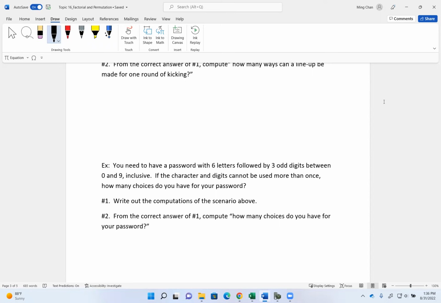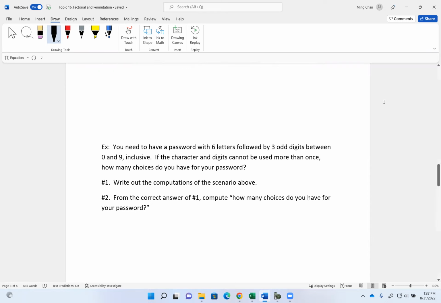So that means once I use a letter X, I can never use it again. So which letter I use first matters. So the order of my letters matters. The order of my 3 odd digits matters. How many choices do you have for your password?